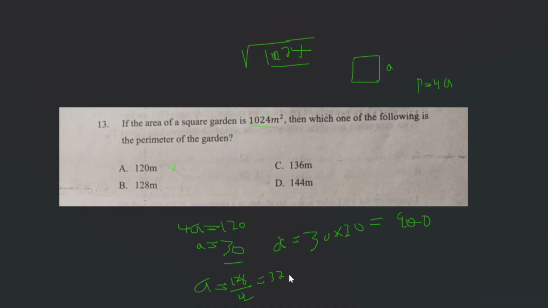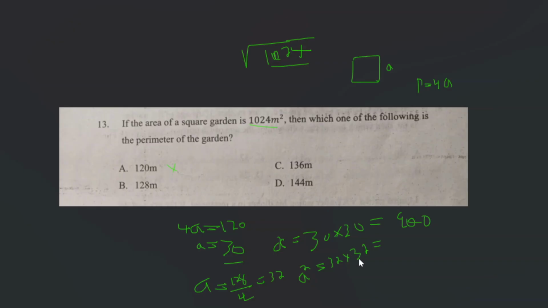So if we multiply 32 times 32 and we don't get this number, this alternative is also wrong. So let's multiply A square equal to 32 times 32. I don't know if you are allowed to have calculators on the exam, but if you don't, maybe we can use a simpler method.